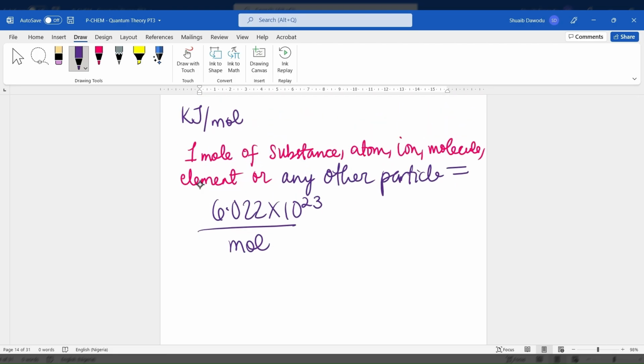So to do that, we're going to end up having our E sub mole, which is energy per mole, in the unit of kilojoule per mole. It is going to be E sub 6 minus E sub 5, the energy separation that we have in the unit of joules, times Avogadro's number.